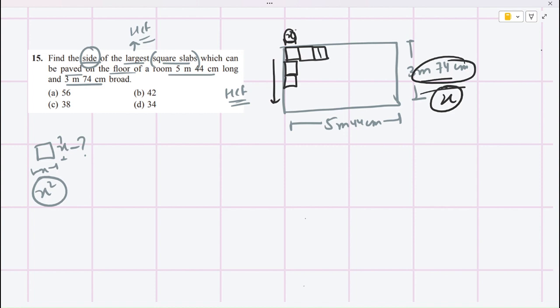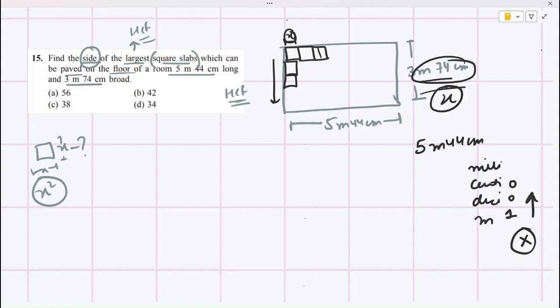तो hence what we can do is, see, first we'll convert the numbers. For example here we have 5 meter 44 centimeter, तो हम उसको सेंटीमीटर में कन्वर्ट कर लेंगे, because if we convert into meter then ये decimals में हो जाएगा. Now we know the system: milli, centi, deci. तो अगर हम मीटर से सेंटीमीटर में जाएंगे we'll have to multiply क्योंकि हम ऊपर जा रहे हैं. तो सेंटीमीटर में जाते टाइम हमें 100 से मल्टीप्लाई करना होगा. तो ये मीटर में है, ये तो ऑलरेडी सेंटीमीटर में है, तो हमें 5 को मल्टीप्लाई करना है 100 से.